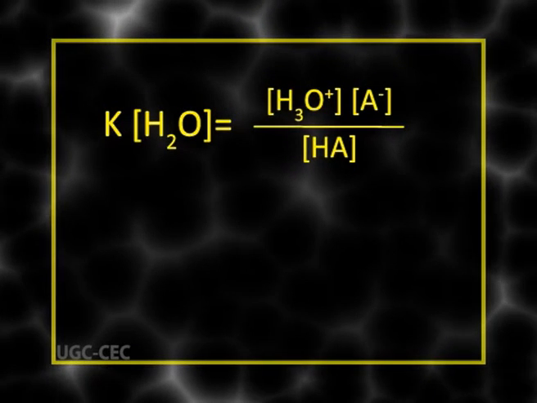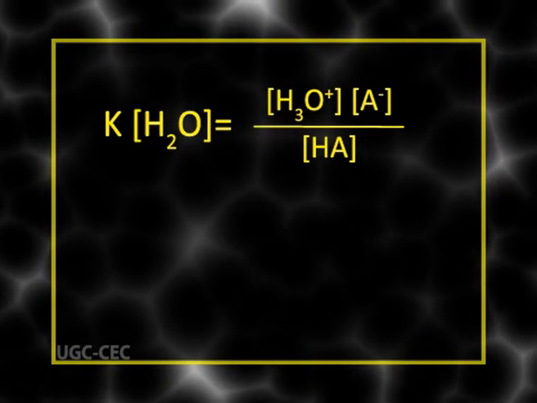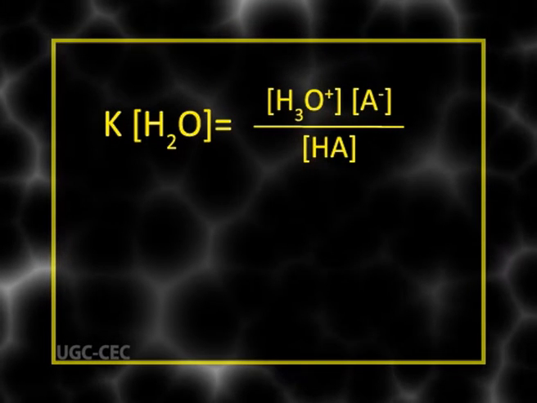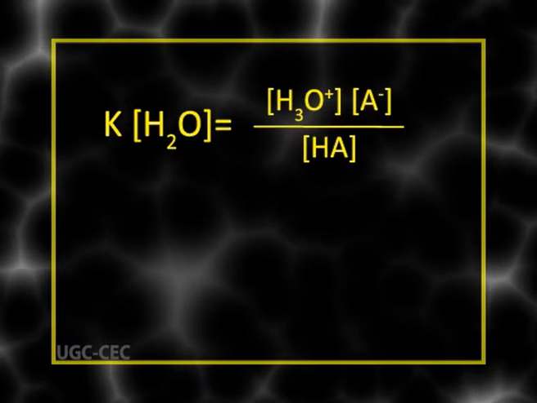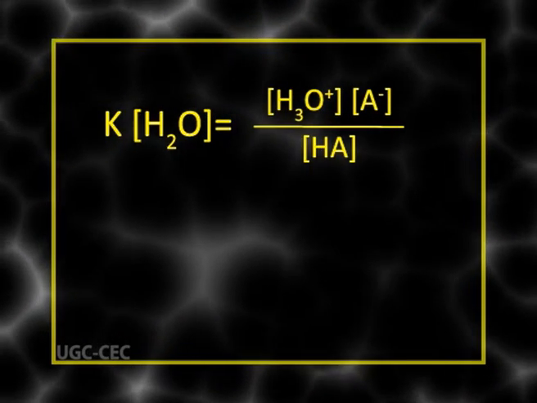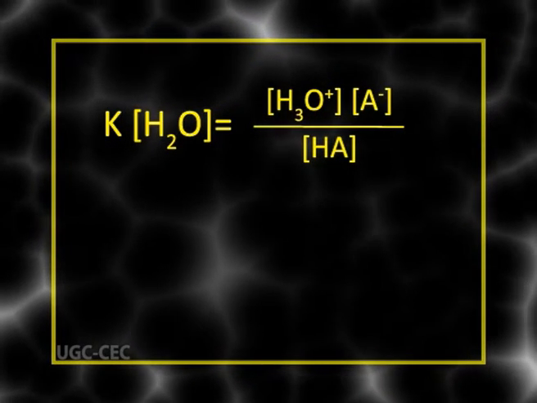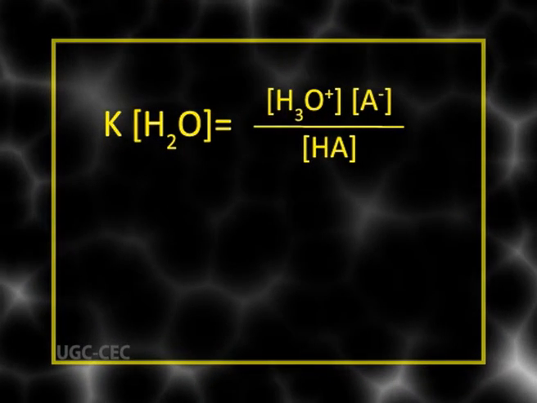Since the concentration of water is very large and remains almost constant in solution, it can be combined with K to give another constant, which is called Ka. Numerically, K into the concentration of water is equal to the product of concentrations of hydronium ion and A negative ion divided by the concentration of HA.